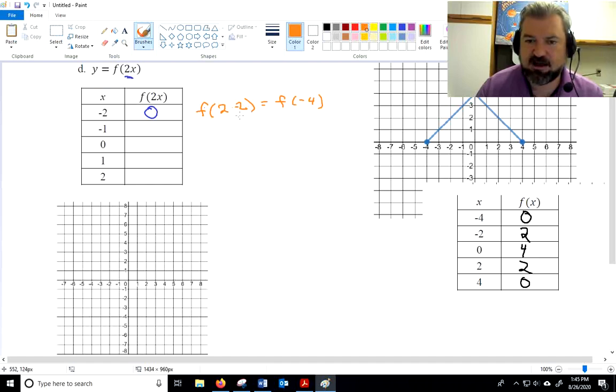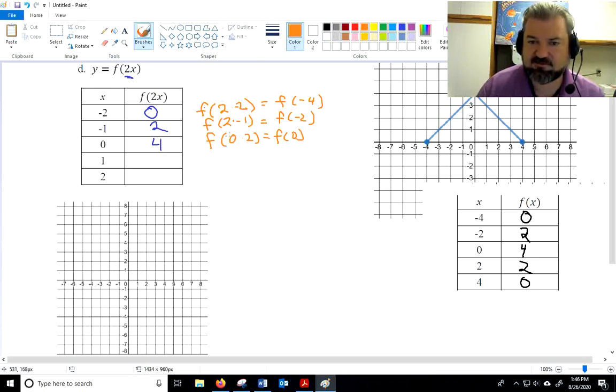And then when I use x equals -1, I have to find f of -2. And we know that that is 2. And when I find f of 0, 0 times 2 is, well, that's still f of 0. So that value is not going to change. That's just going to be 0, 4.